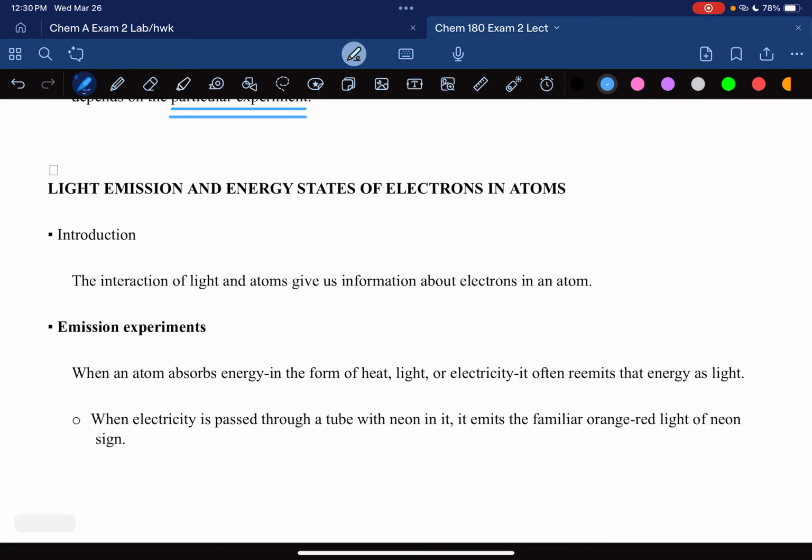The interaction of light and atoms gives us information about the electron, about matter. So how do I find out something about the electron? Not much yet, right? So we do a series of spectral experiments using light.